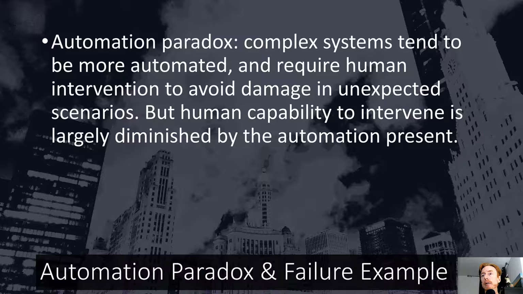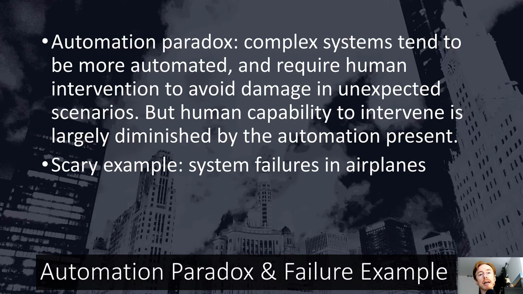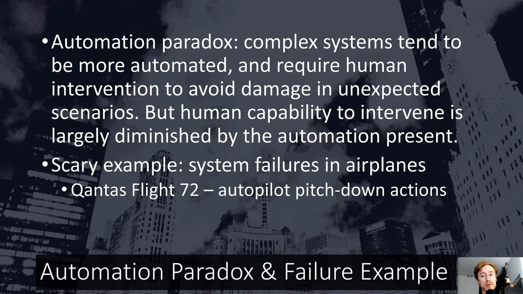The paradox of automation is that the more that we automate a system, the less likely a human being will be capable of intervening in that system when it starts to have problems, because human capability depends on repetition and contact time. Some really scary examples have occurred in terms of automated systems failing.